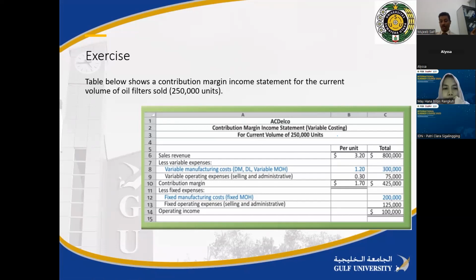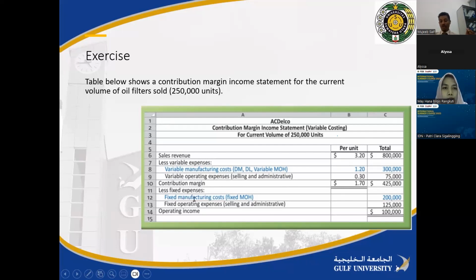The remaining amount after we deduct the variable cost, the remaining amount that will contribute to the organization to cover the fixed cost and to contribute to the profit of the organization. So this contribution margin is not the profit, it is the remaining amount that will contribute to our fixed cost and help us to get a profit.